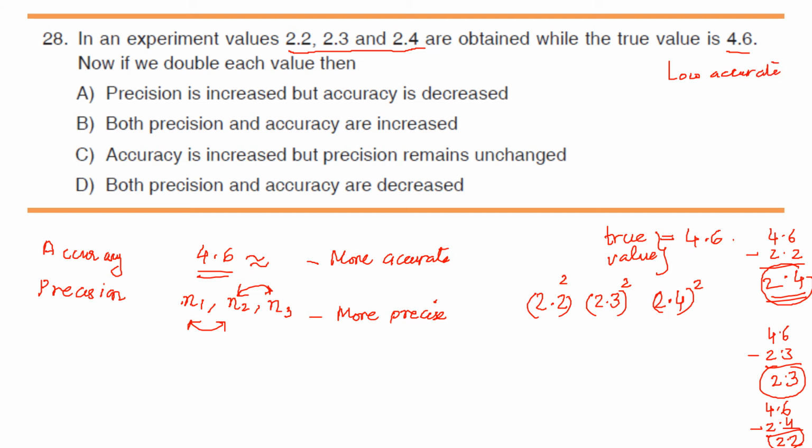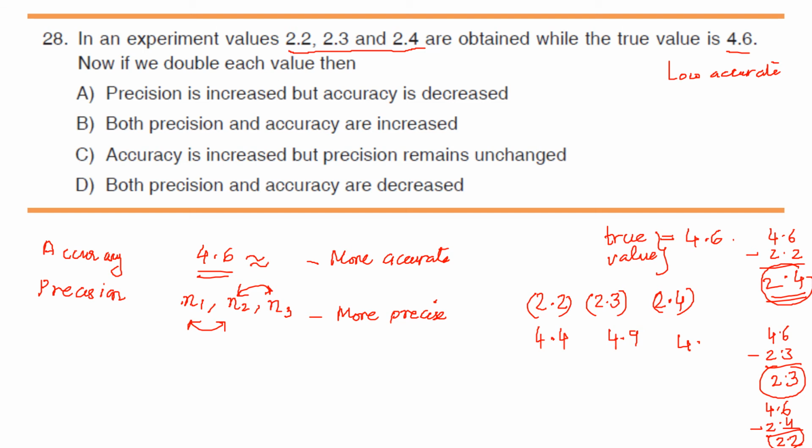But suppose we are doubling. When you are doubling each value, you can see that this will become 4.4. This will become 4.9, and this will become 4. I'm sorry, you're not squaring this one, you are actually doubling.